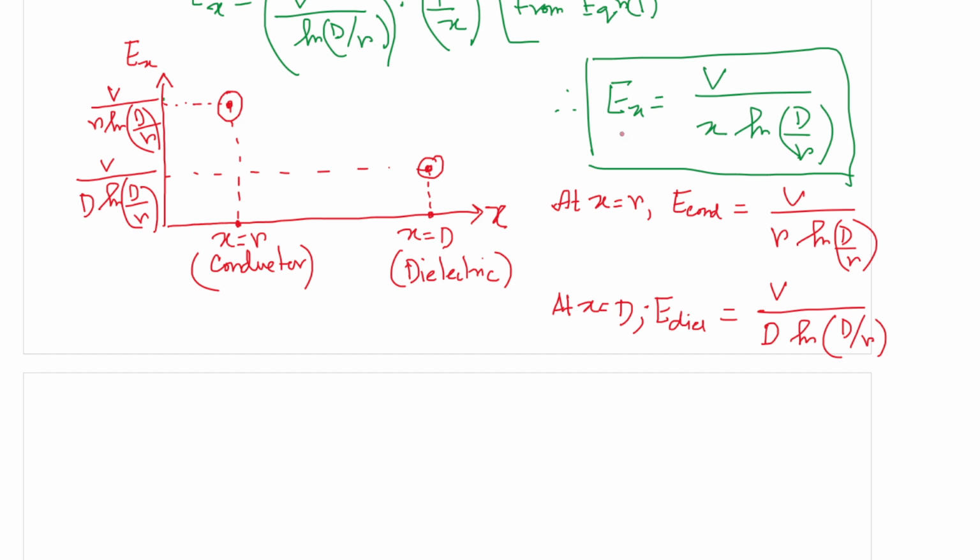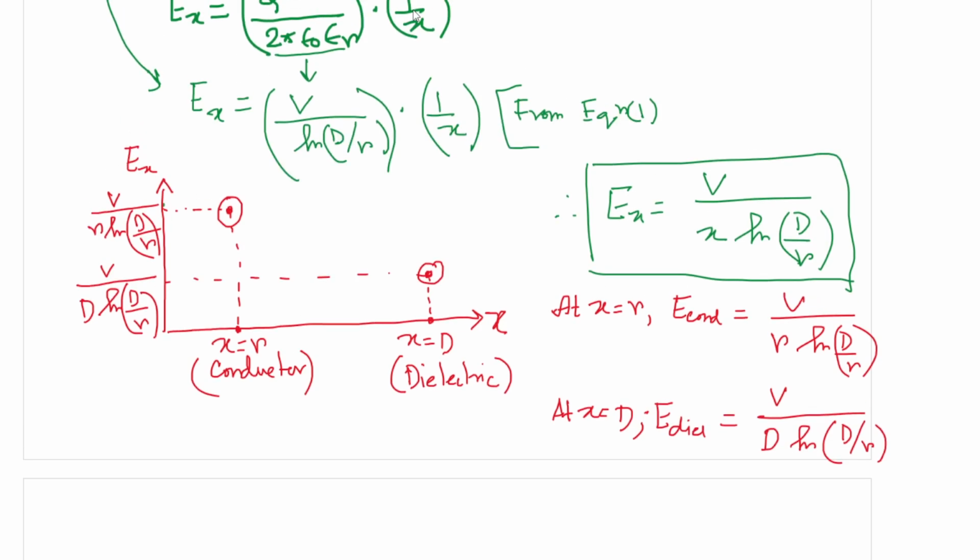Now as you can see, Ex, that is the variation of electric field, is inversely proportional to x. That means it roughly follows a rectangular hyperbolic nature. So this variation should not be linear, it is following a roughly rectangular hyperbolic nature.